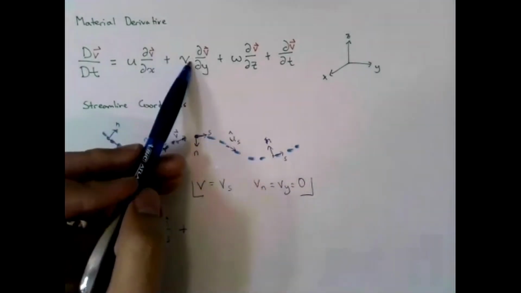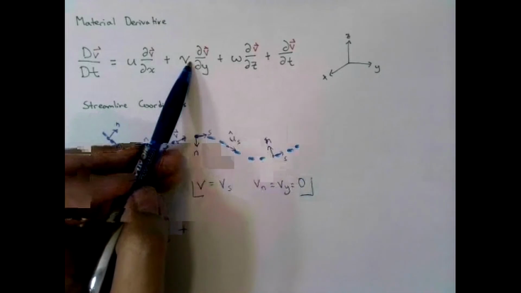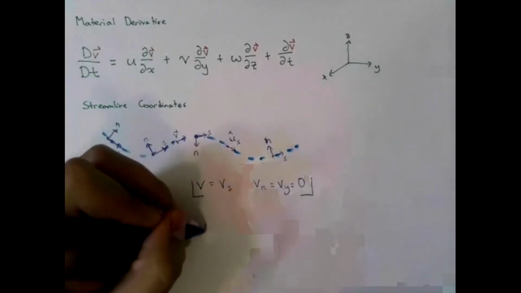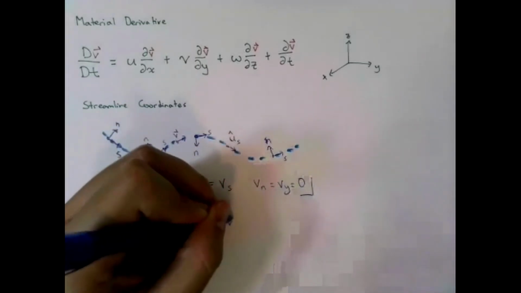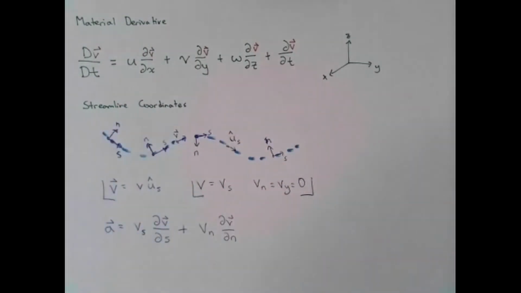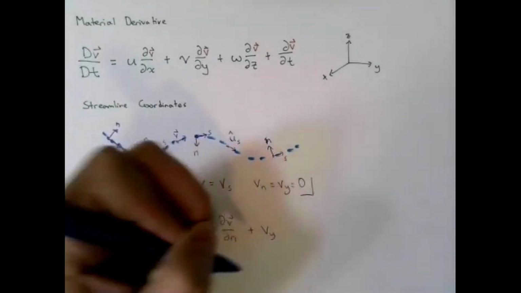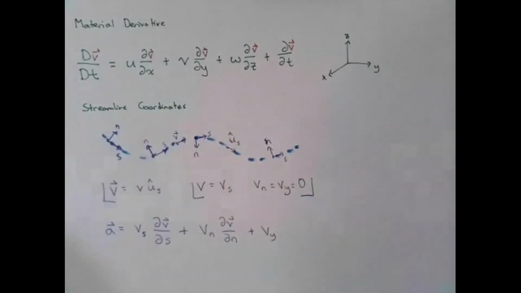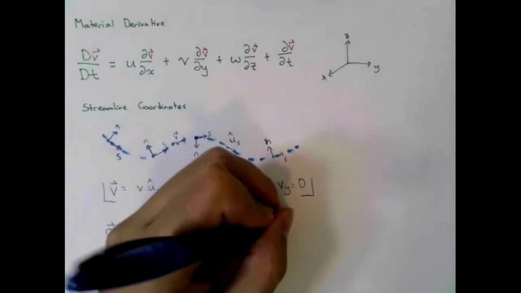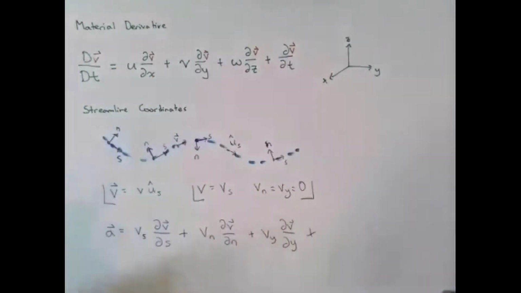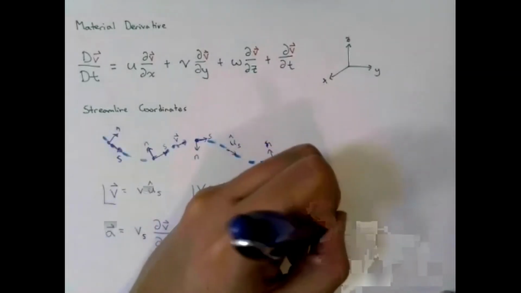Likewise, instead of having the velocity component in the y direction, we'll have the velocity component in the normal direction, multiplied by partial v, partial n. We do the same thing for what would be the third term, which is just my velocity component in the y direction, multiplied by partial v, partial y. And finally, we have our time derivative.